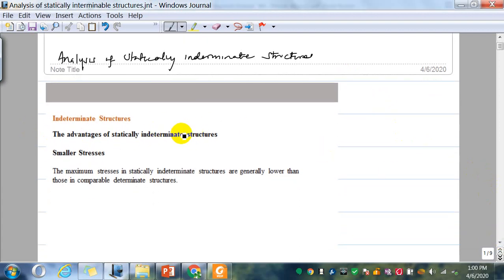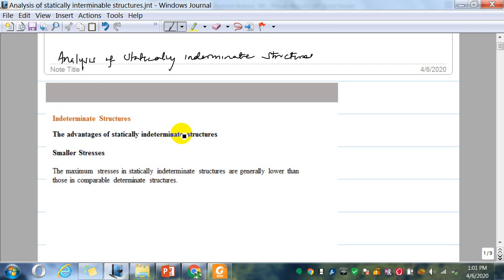One of the main reasons is that we need to reduce the stress on structural elements. How can we reduce the stress on structural elements? By reducing the span of the structure. You can achieve that by increasing the size of the element.